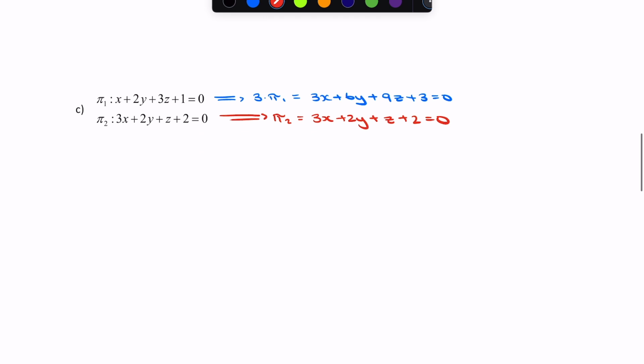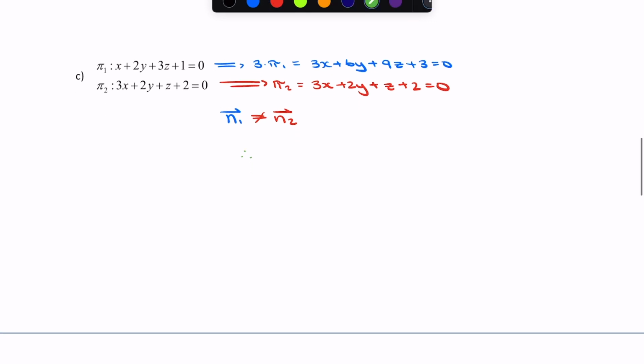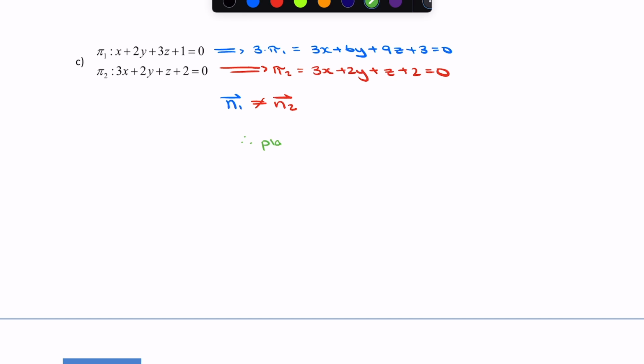And so here we see that the normal for the first equation does not equal the normal for the second equation. And so what that means is that, again, the planes will intersect along a line. Planes intersect along a line. Therefore, infinite solutions along a line.